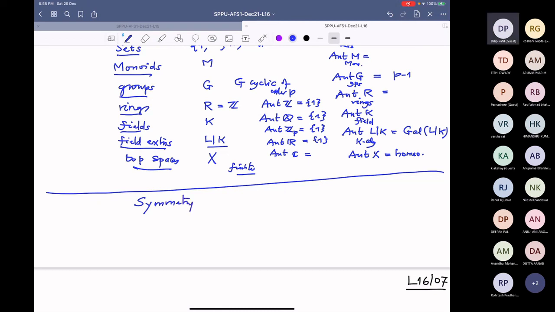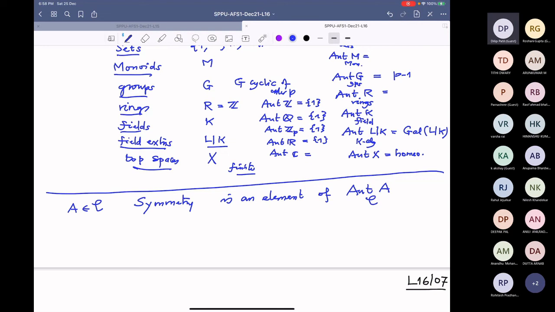Symmetry in general is an element of what? Whatever object A you talk about in a category C, take Aut(A) in the category C. That makes sense, right? And this is a group.